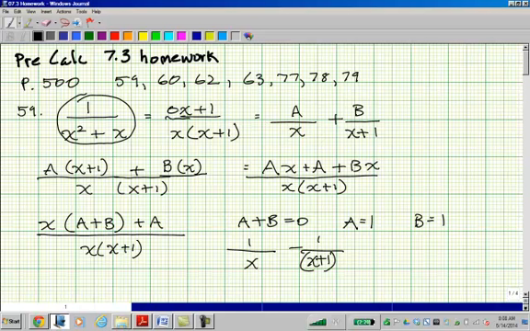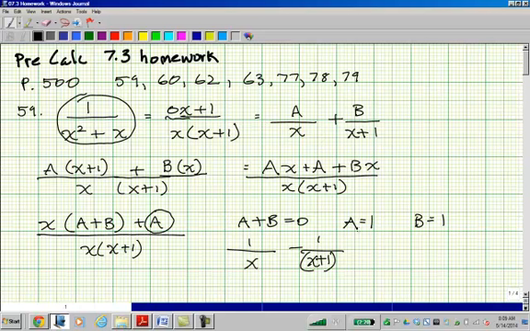There are no x's. So a plus b equals 0. And that leaves a, which is all by itself here, to equal 1. So a equals 1 and a plus b equals 0.